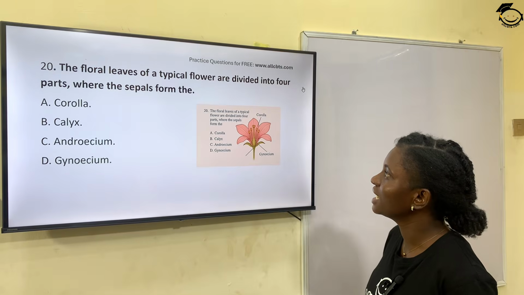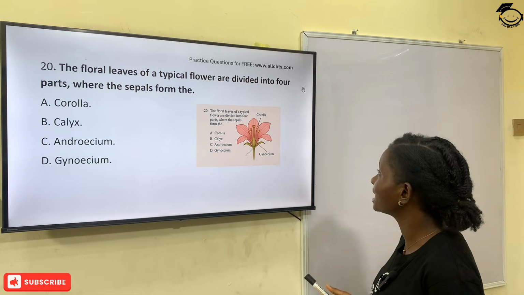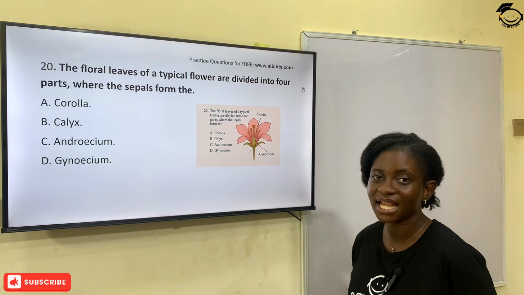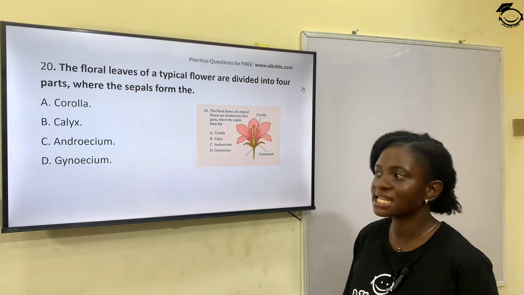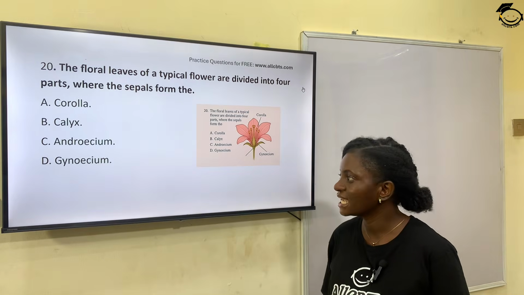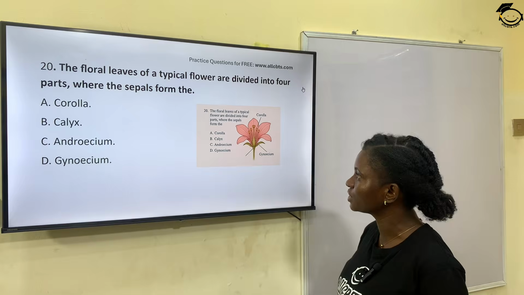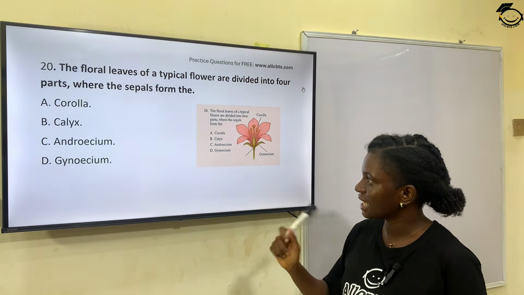Question 20. The floral leaves of a typical flower are divided into four parts, where the sepals form the: A. corolla, B. calyx, C. androecium, D. gynoecium. Looking at the pictorial illustration here, the correct answer is calyx.